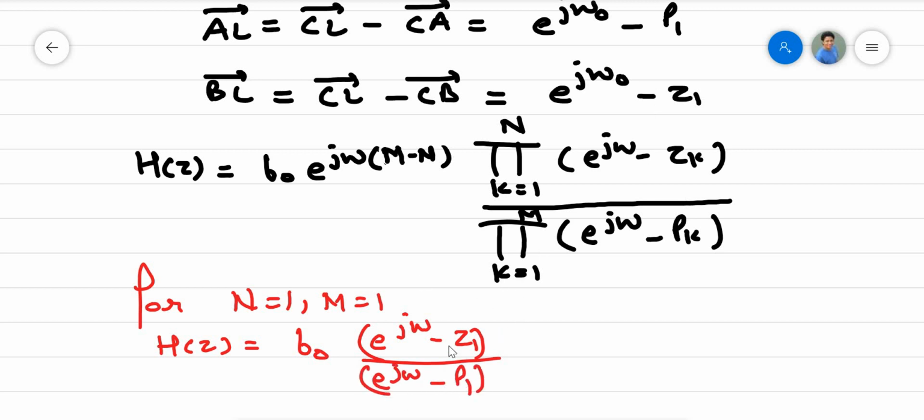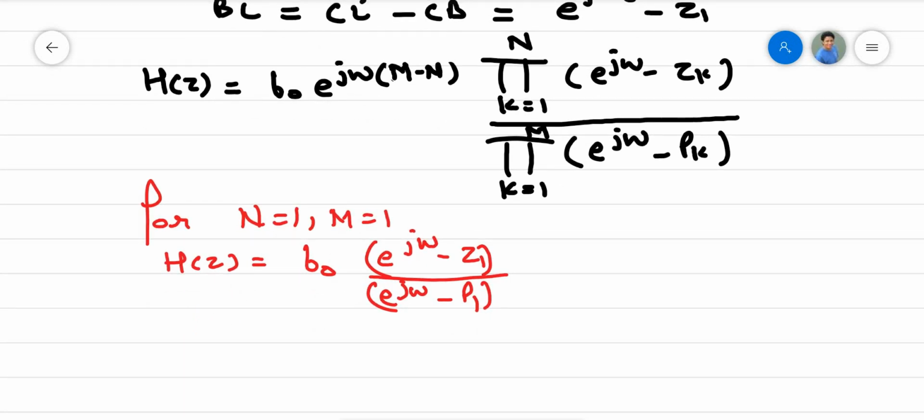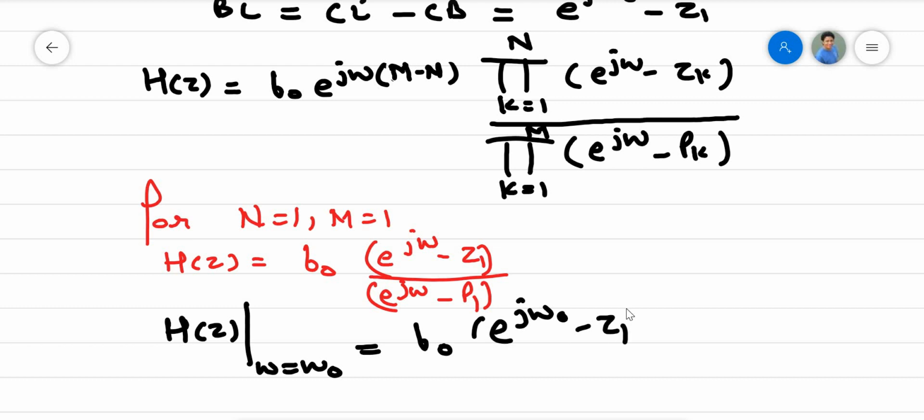And H at omega equal to omega naught will be B naught exponential j omega naught minus z1 over exponential j omega naught minus p1.